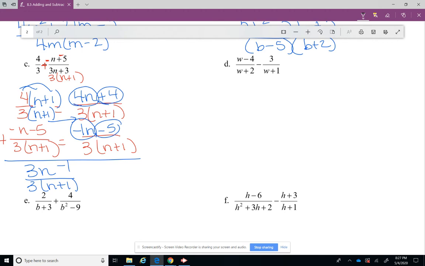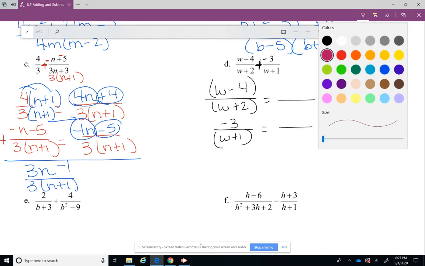All right, D, we see that these two multiplied together, that's going to be your least common multiple. So W minus 4 over W plus 2. Put them both in parentheses. I'm going to put this minus sign here. I'm going to change it to a plus sign and change that to a minus. So -3 over W plus 1, put it in parentheses.